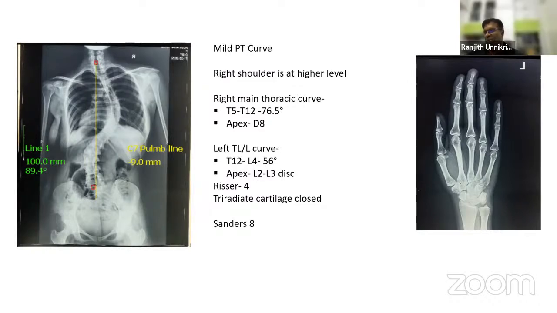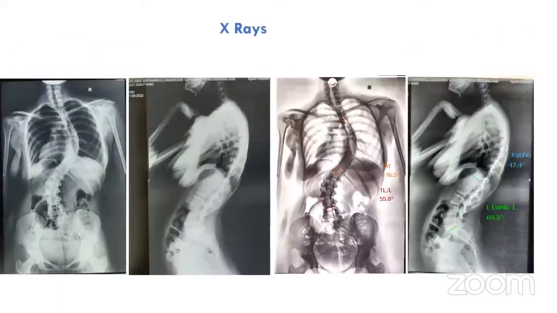Never even ask for a hand X-ray. Have you taken hand X-rays for 16-year-olds? Like 3 years post menarche, the decision making doesn't change. That's why Ranjit is saying don't get into it. You'll get into a weird discussion about Sanders.